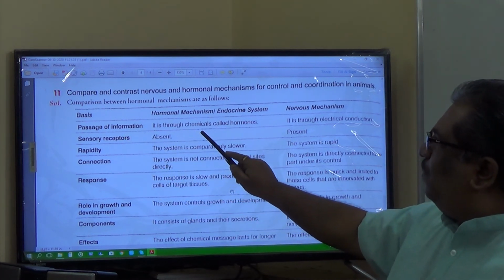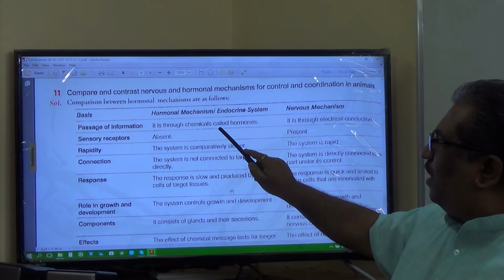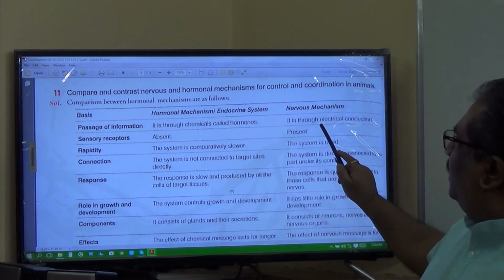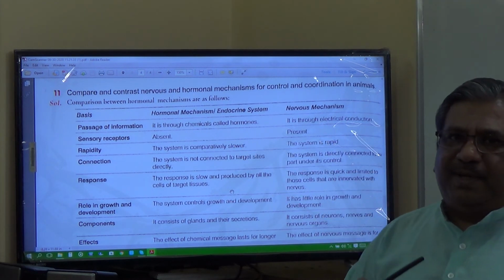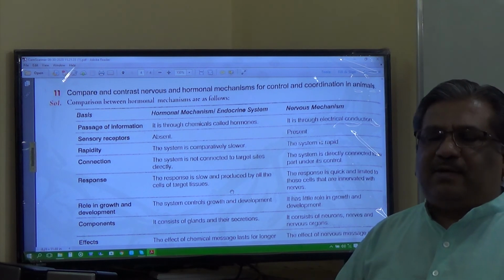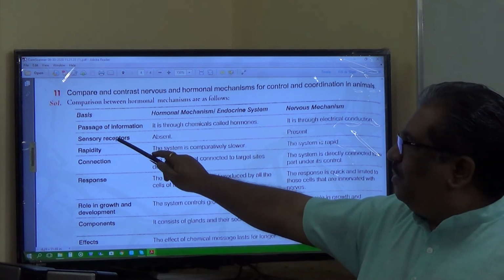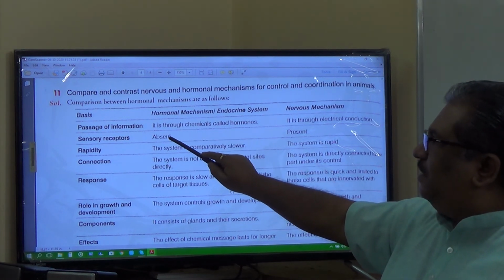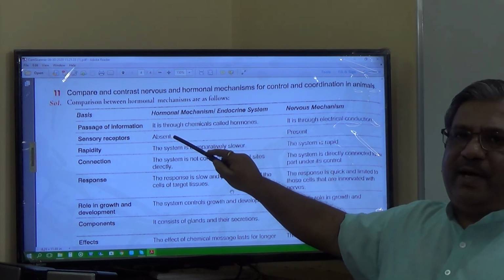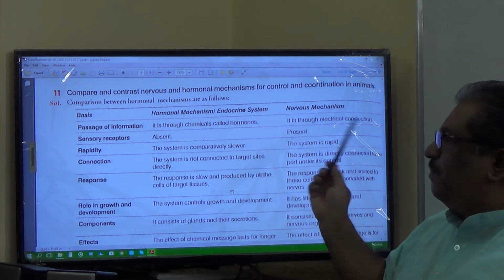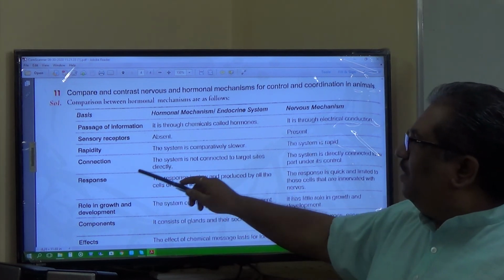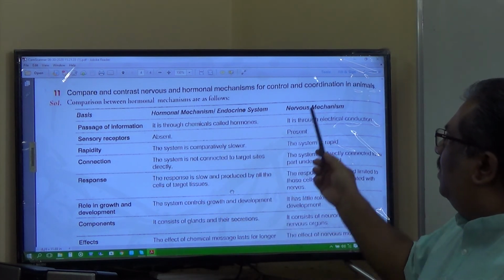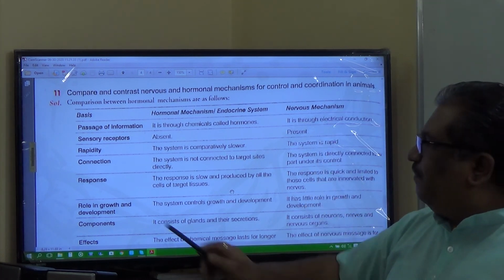Information is carried through chemical messages called hormones. In the nervous system, information is carried in the form of electrical impulses or nerve impulses, you can say, electrochemical impulses. Next, sensory receptors. Receptors are absent in the hormonal system, which is also called the endocrine system. In the nervous system, receptors are present. Rapidity: the hormonal system is slow and the nervous system is faster.